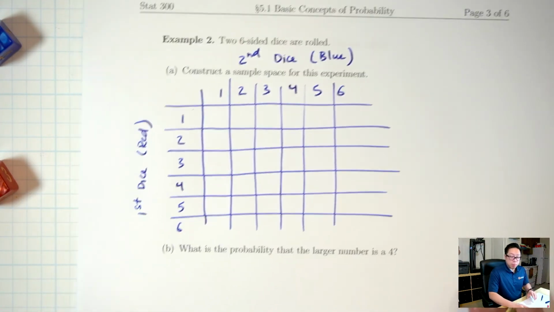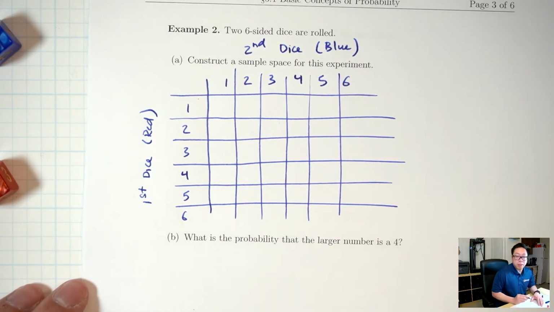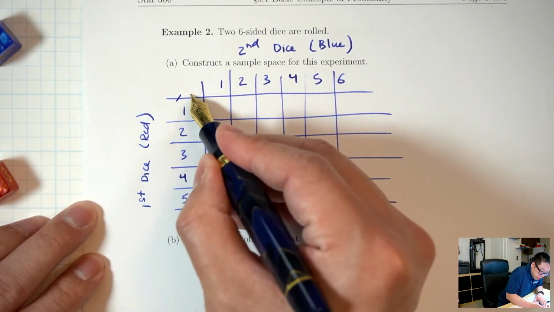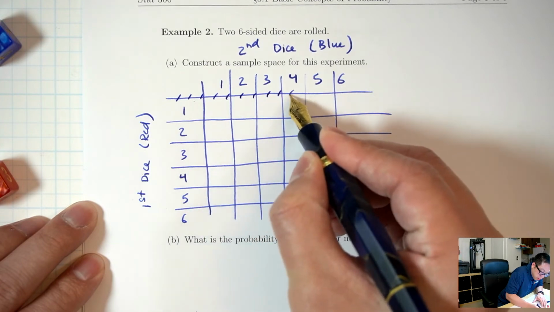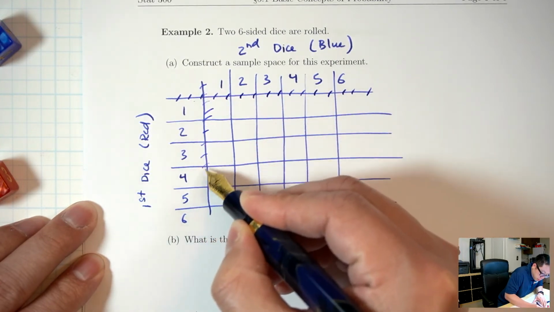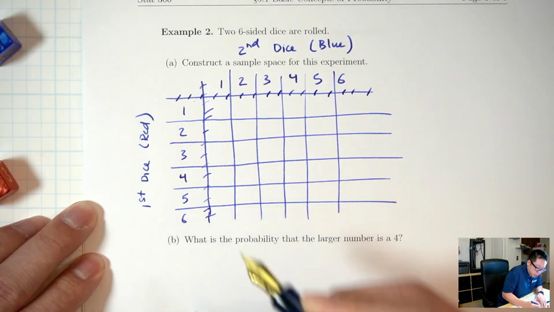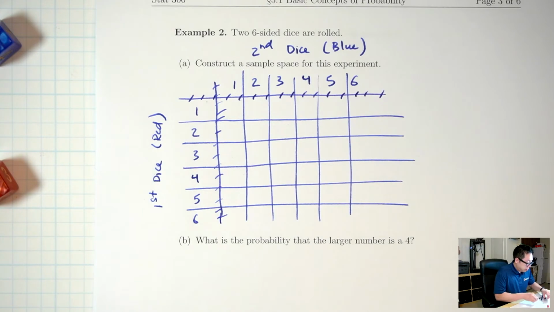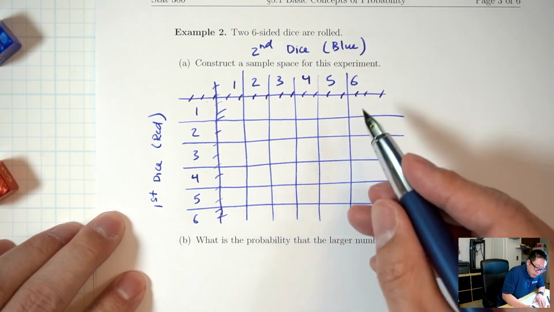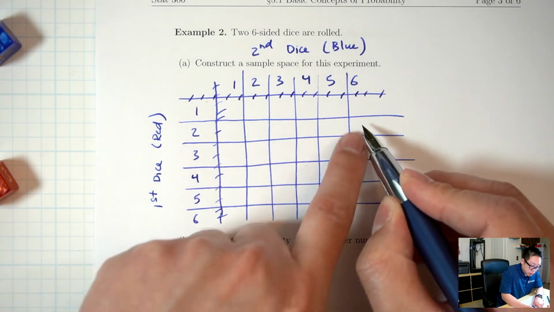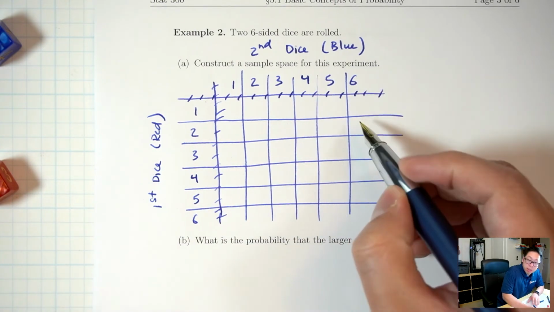All right, what I care about is the inside of the table, not the numbers on the outside. So let me separate those out. It's the boxes on the inside that represent what could happen. What do I mean by this? For example, this box right here represents getting a 2 on the first dice and a 6 on the second dice.